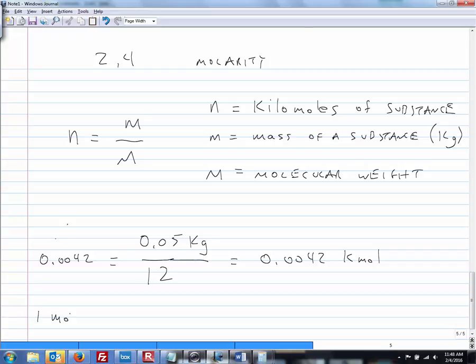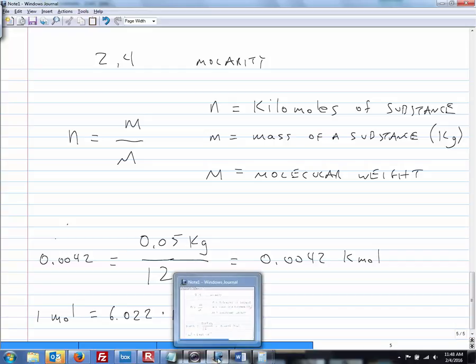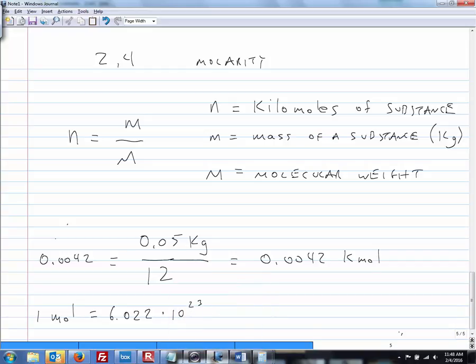1 mole equals 6.022 times 10 to the 23rd, right? And whatever, you can think of it as like a trillion, or a billion thousand, there are a lot of different ways to think of it, but it's 10 to the 23rd, 6.02.